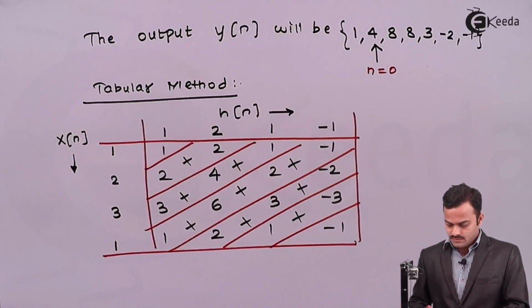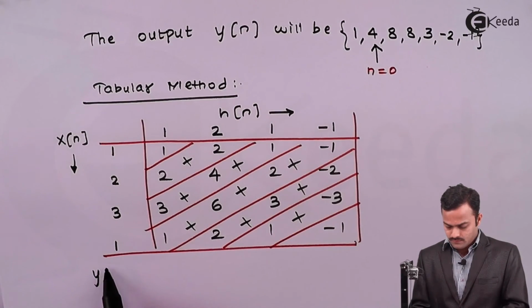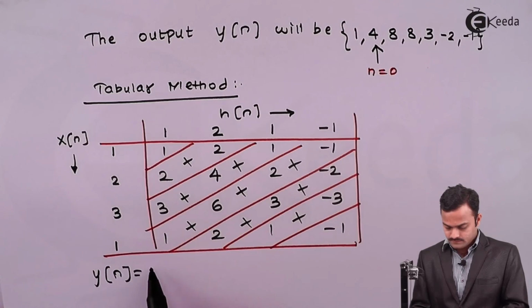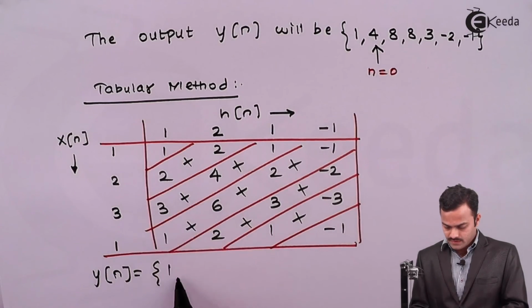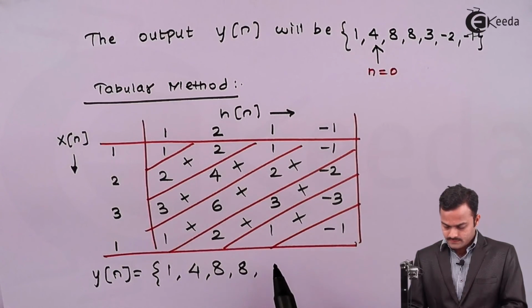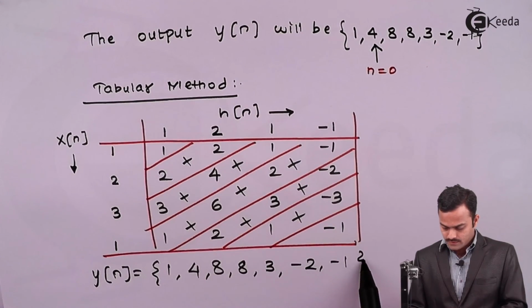And from this we will get y of n as first element is 1, then 4, then 8, 8, 3, minus 2 and minus 1.